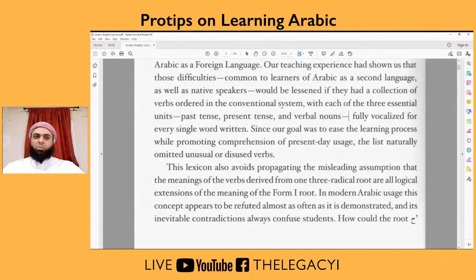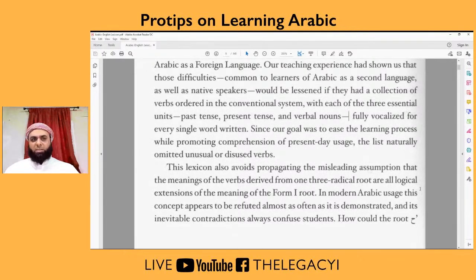This lexicon also avoids propagating the misleading assumption that the meanings of the verbs derived from one three radical root are all logical extensions of the meaning of the form one root. Suffice it to say that the relationship between a root and the words that are derived from it is not always quite so straightforward. It can be a little bit complicated. So there is some need of explanation.